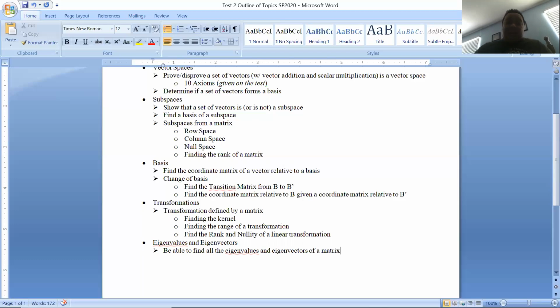So if I gave you an n by n matrix, make sure you're able to find both the eigenvalues and the eigenvectors. And then the one application that we use this on is the diagonalization and the powers of a matrix. So those are essentially the last thing on chapter 5. We're going to see eigenvalues and eigenvectors later on, but as far as your test is concerned, this is the last thing on there. So make sure you're able to find this.